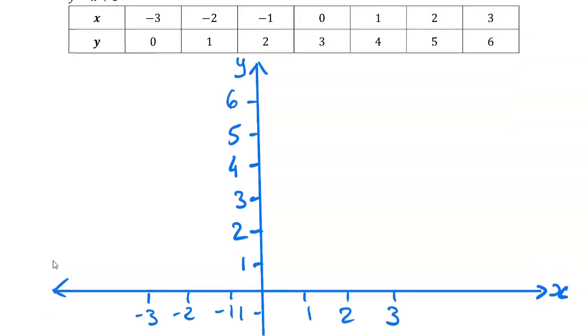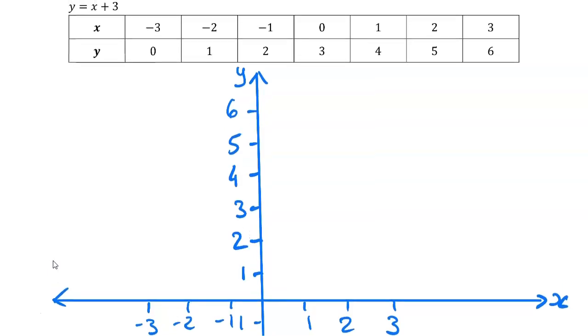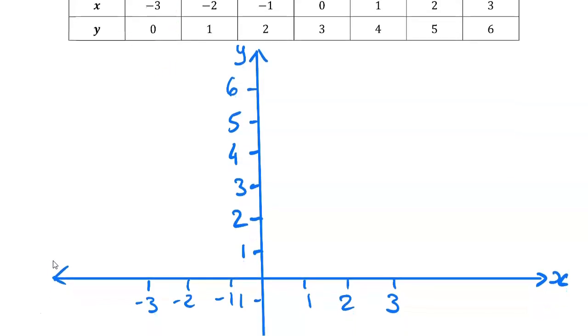Now, I'm going to plot some points. Now, to make it clear, I might do this in another colour. So my first point is -3, 0. -3, 0. So that is here. -2, 1 is there.